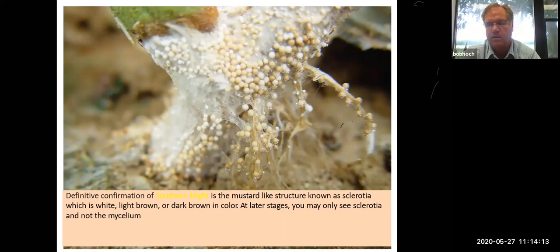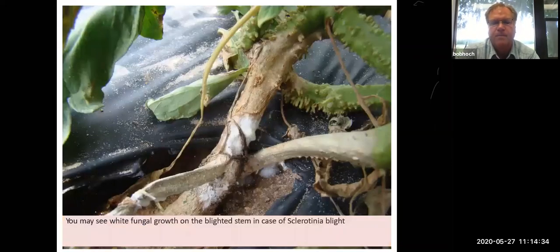So be careful with these kinds of organisms. That's the way that southern blight will happen. Here in North Florida, this is actually a very common organism. It attacks a number of different vegetables, peppers and tomatoes, the cucurbit group. All of these could be affected by this particular organism.